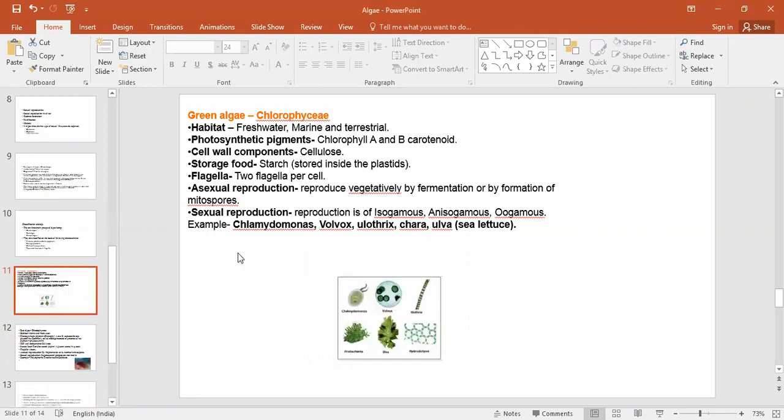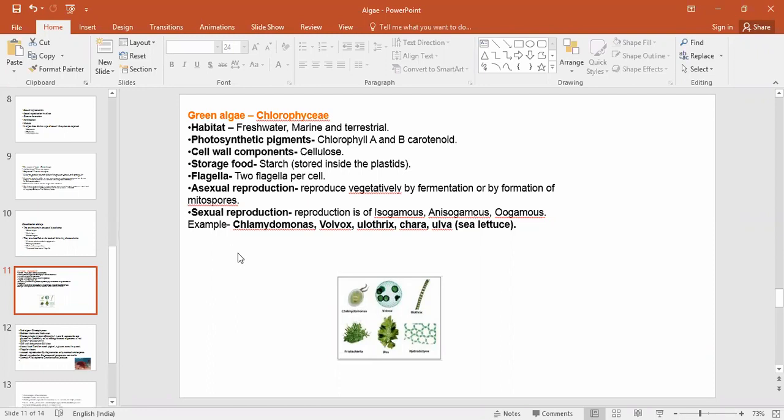So the first group is the green algae. This green algae is also called chlorophyceae. What are the characters of these green algae? First, their habit: they are freshwater, marine and terrestrial.